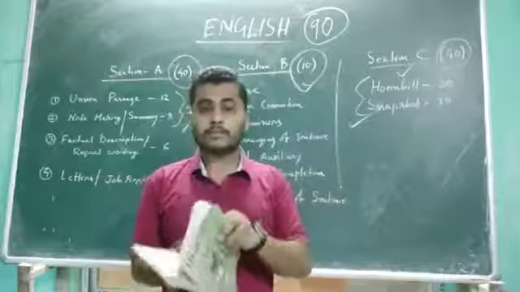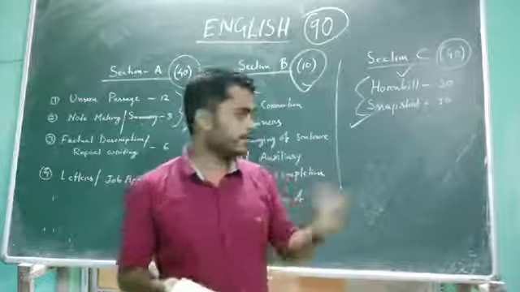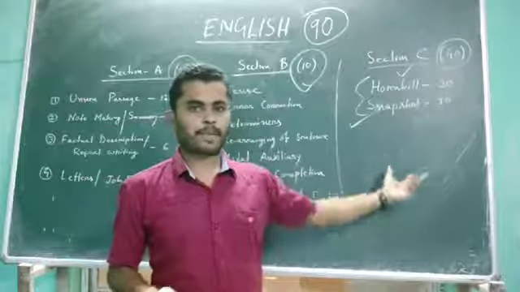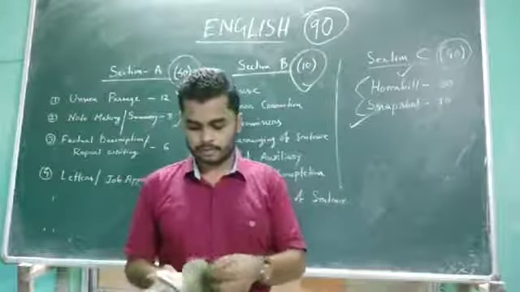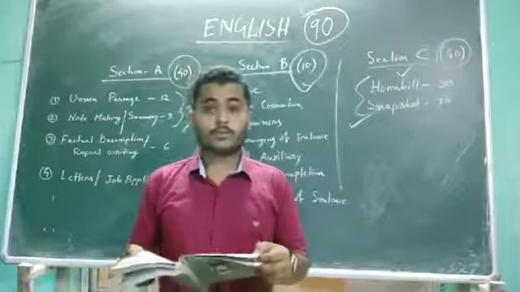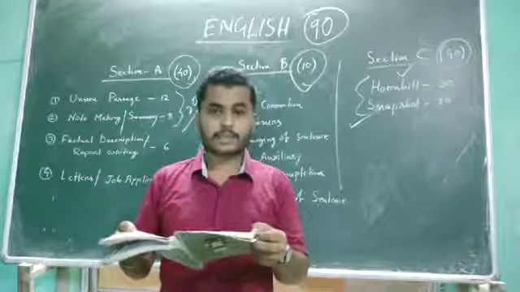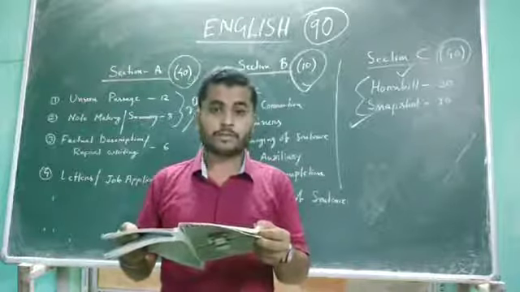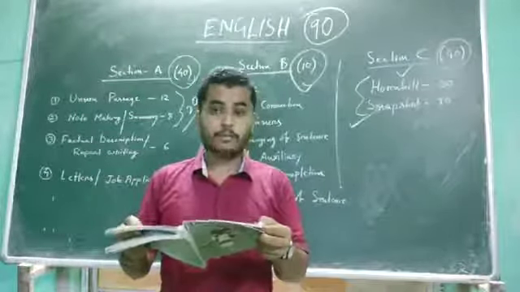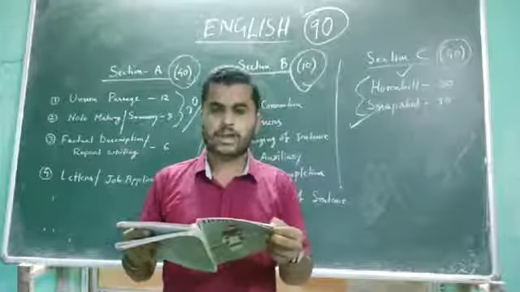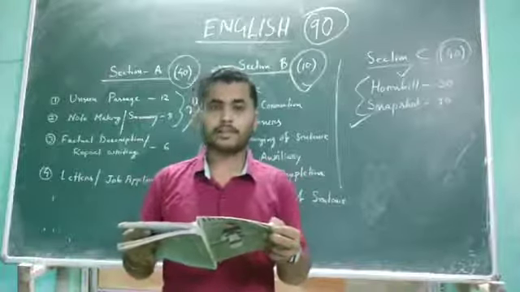Hornbill. From this book you will have to study these chapters. I have given the chapters here: The Portrait of a Lady, A Photograph, Landscape of the Soul, The Voice of the Rain, The Ailing Planet: the Green Movement's Role, Childhood, My Impressions of Assam, Father to Son.